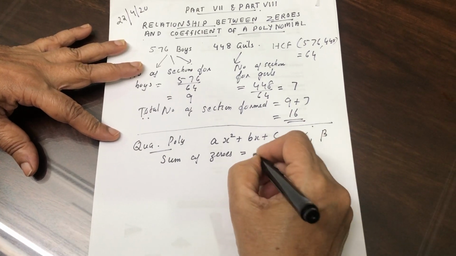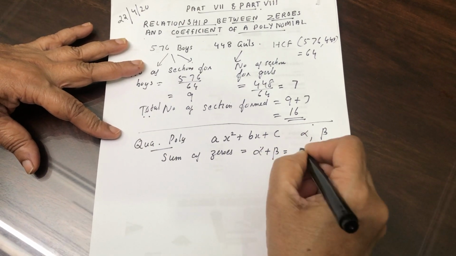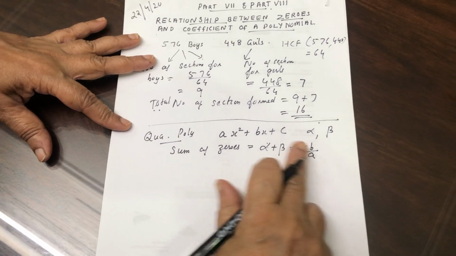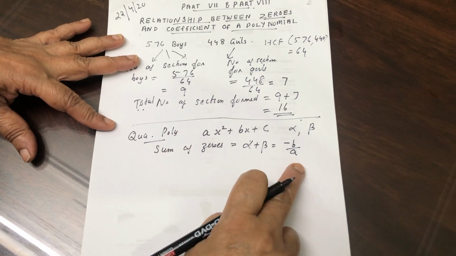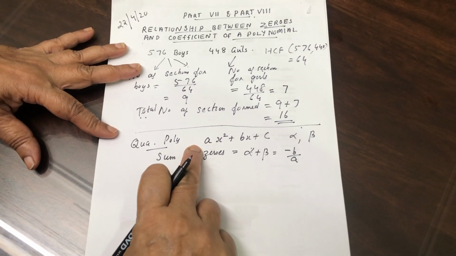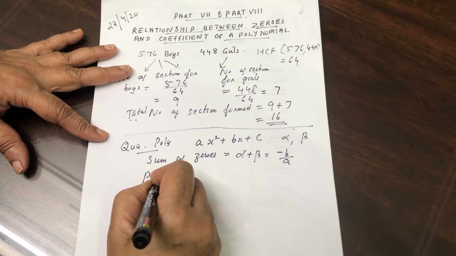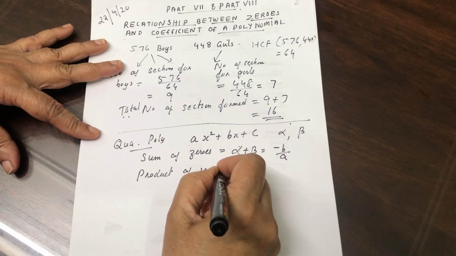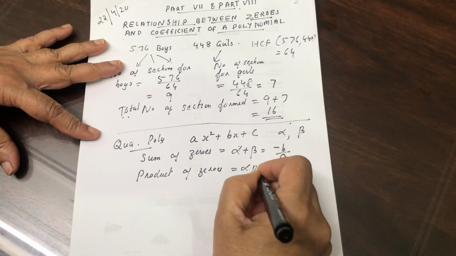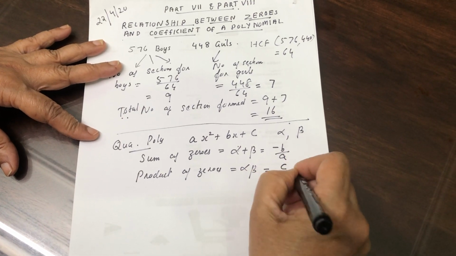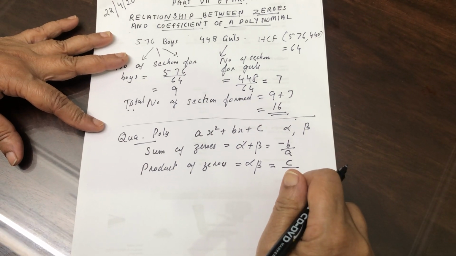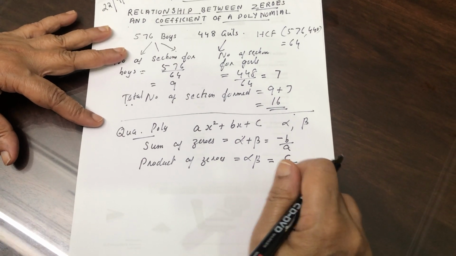Sum of zeros, alpha plus beta, is minus b by a, that is minus the coefficient of x divided by the coefficient of x squared. Then the product of zeros, alpha beta, is equal to c by a, the constant term divided by the coefficient of x squared.